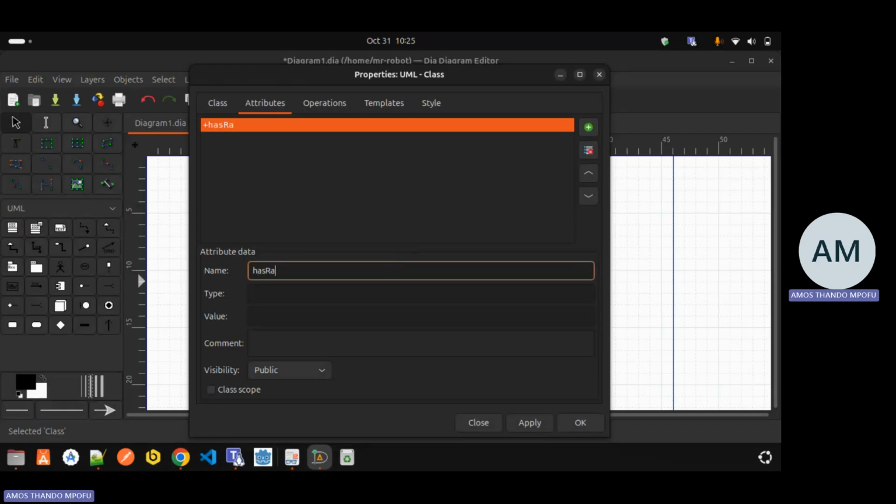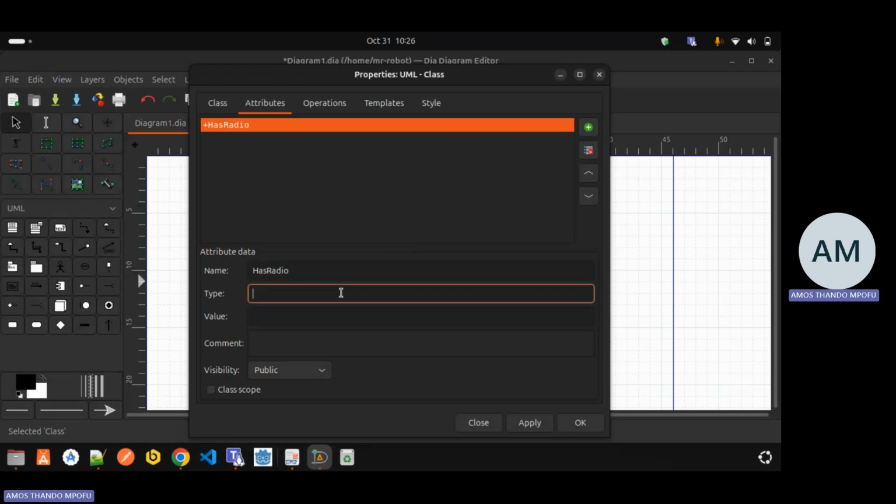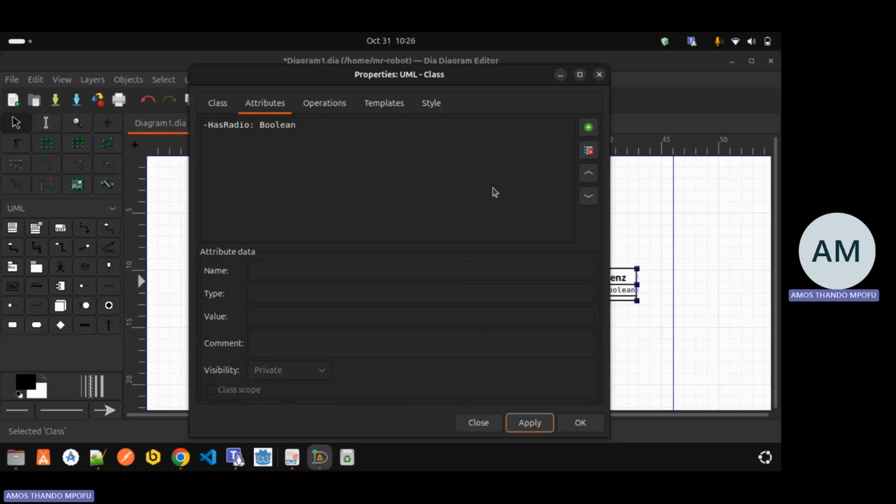So I can store a variable and say here's radio, to check if it has a radio, because cars do have radios, right? Or you can say here's screen, whatever you want to call it. But I'll just store a boolean variable that checks if it has a radio. So it's boolean and private, because the main thing they want to see is the UML notation.